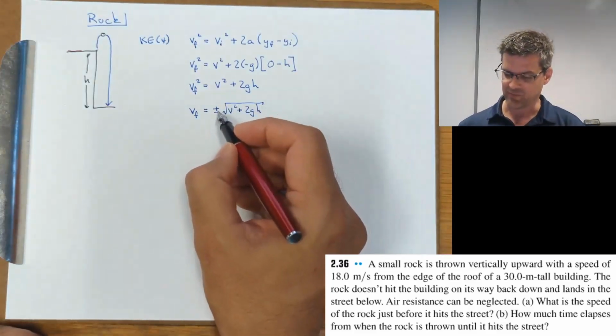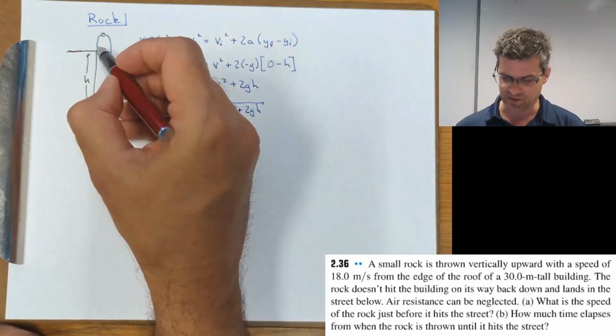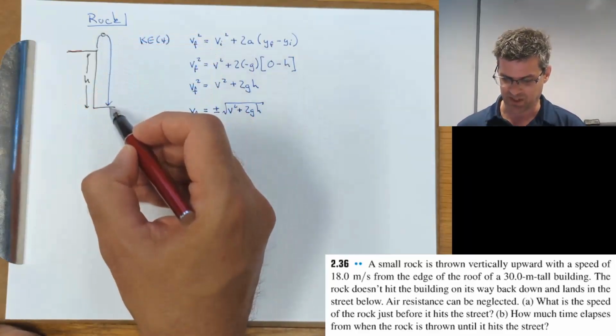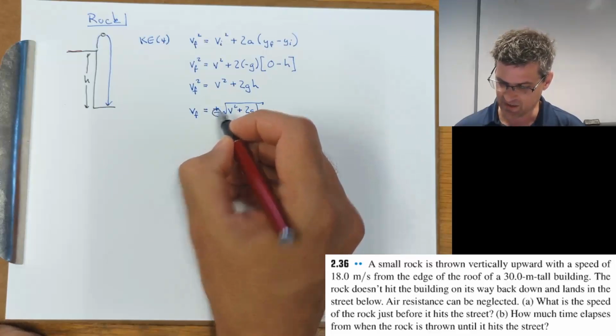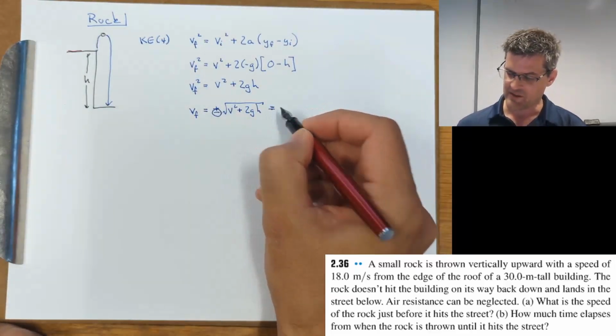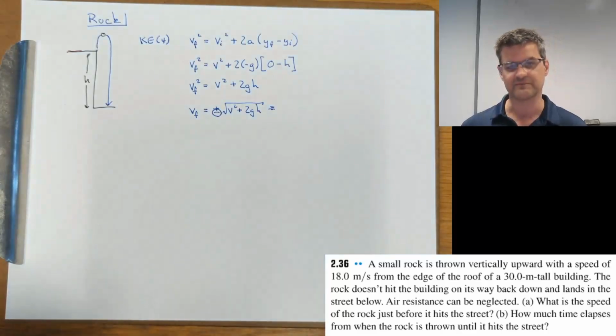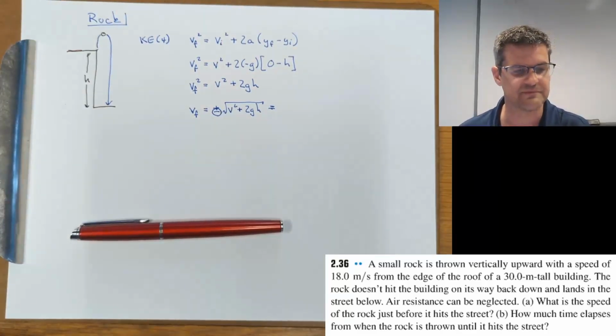So we could have positive or negative here. Which is it? Well, I know that the rock went up and the rock came down. The final velocity is negative. So I can plug this into a calculator and see what we find.